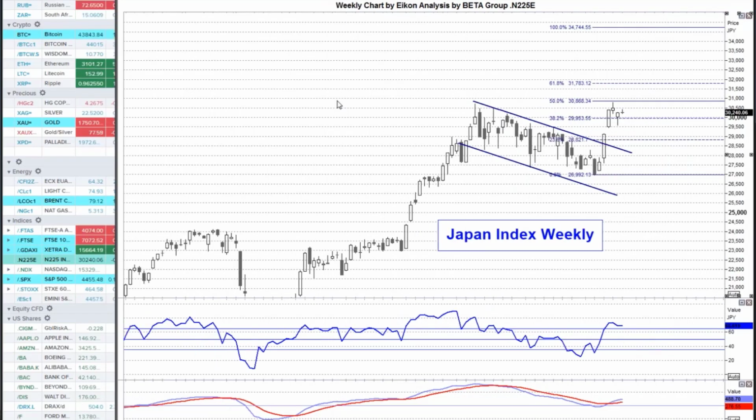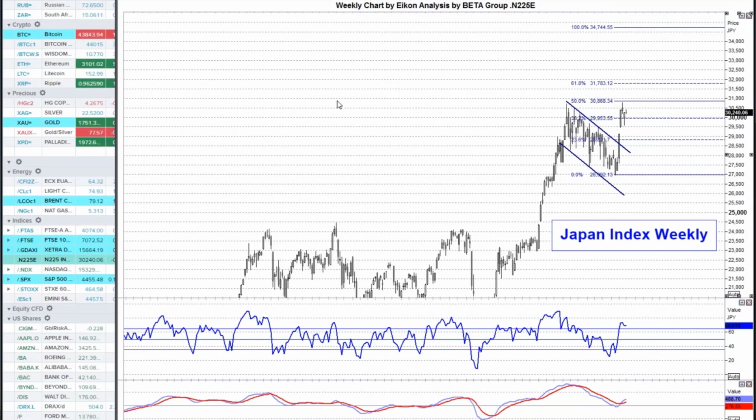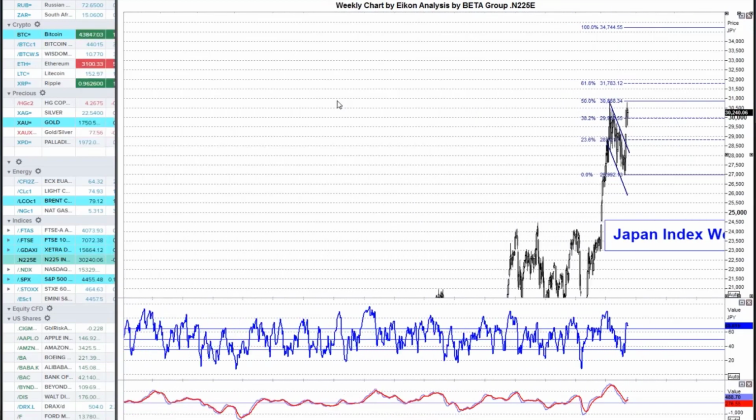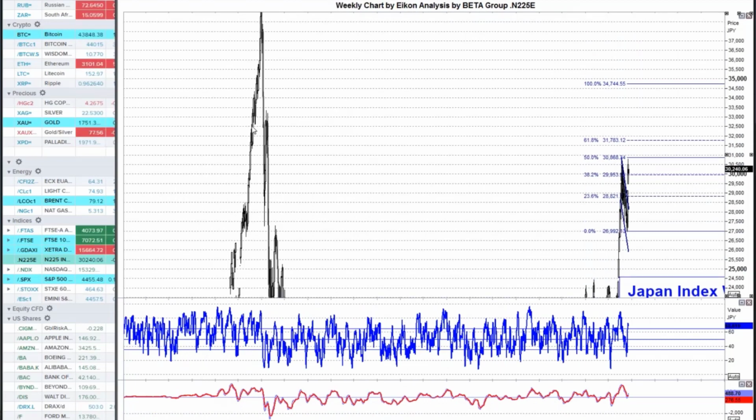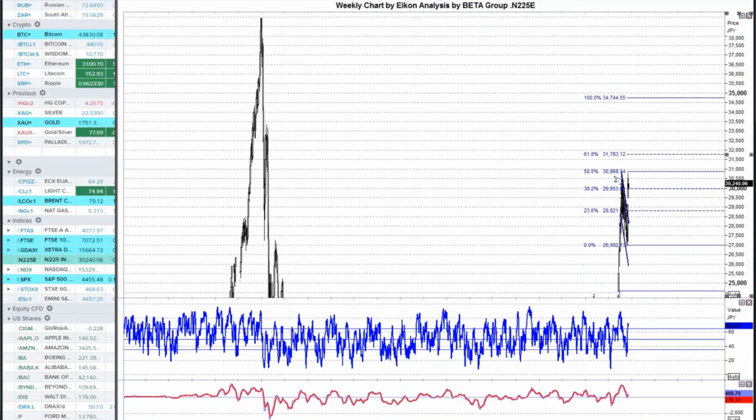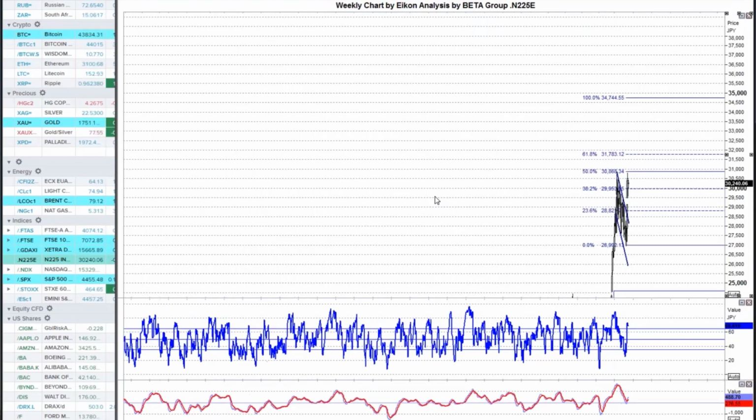But there could be much more at play here, because if I go back here, we will be bringing in, look here, these highs here. So I think this is a pause on the journey up towards the all-time high back in 1990, and so I think there's lots to go for on this one.